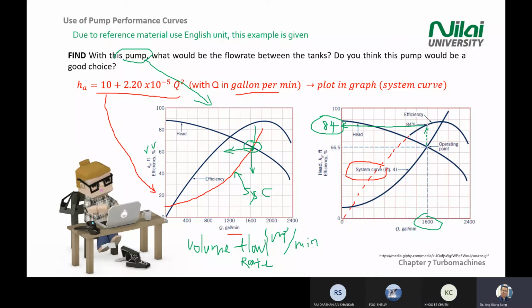You project up. From this point, you project up, you hit a point. This point intersects with what line? Head or efficiency line? Head also. You go up and you touch this line. What is this line? Head. Cool, you understand the arrow meaning or not?